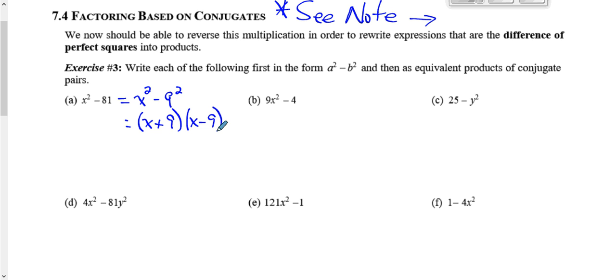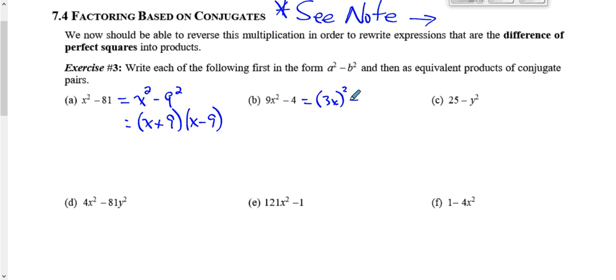Okay. Is 9x squared a perfect square? Yes. Because obviously x squared is, it'd be 3x. And 9 is a perfect square. So let's rewrite this as 3x squared. Notice how I have to use parentheses there, to indicate I'm squaring both of them. Okay.